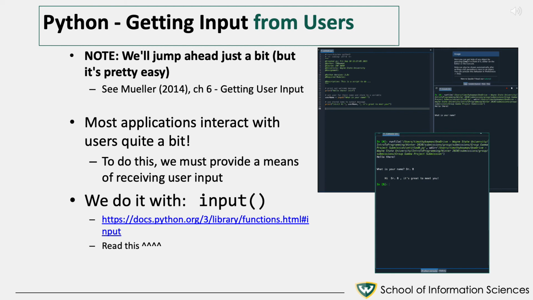To do this, we need to provide a means for receiving user input. We do it with the built-in function called input. Isn't that nice? It makes sense. Again, this is why Python's great. Things like built-in functions, built-in functionality of the programs, they make it easy because they name things appropriately, unlike other computer languages.